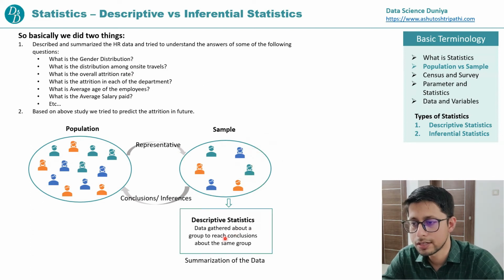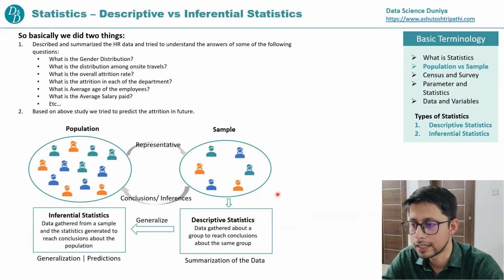Descriptive statistics is all about gathering the data from a sample and describing that same sample. But when we start generalizing whatever we have learned from the sample, it becomes inferential statistics. Inferential statistics tells about the population, and descriptive statistics tells about the sample.